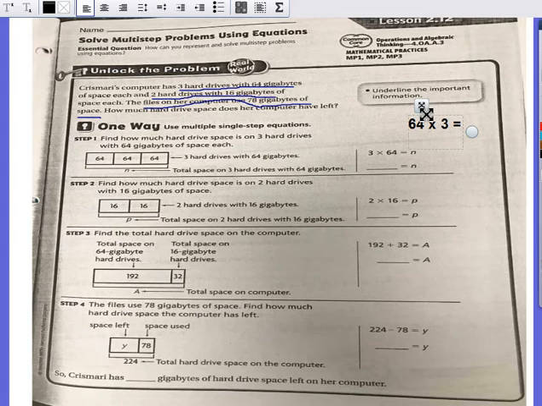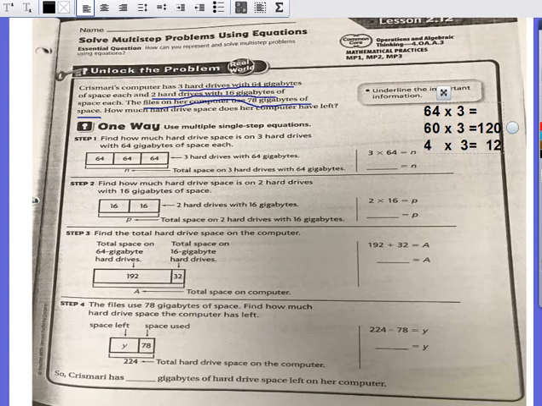So that's going to be 60 times 3. 6 times 3 is 12, and my 0 in there. And then 4 times 3, which is 12.